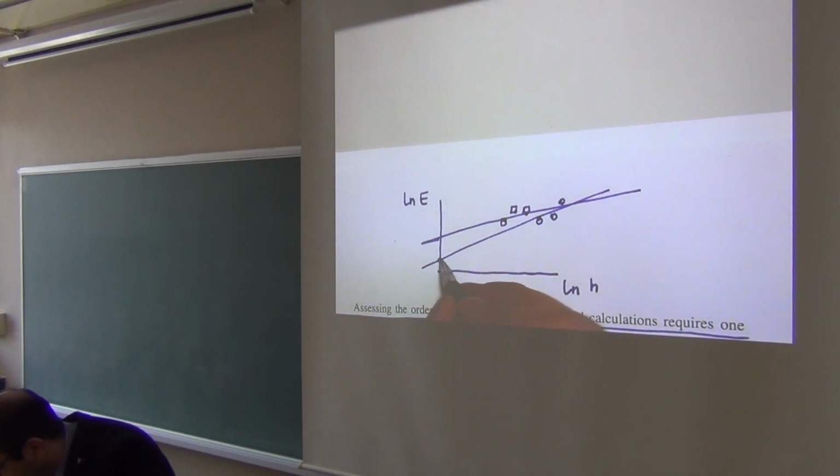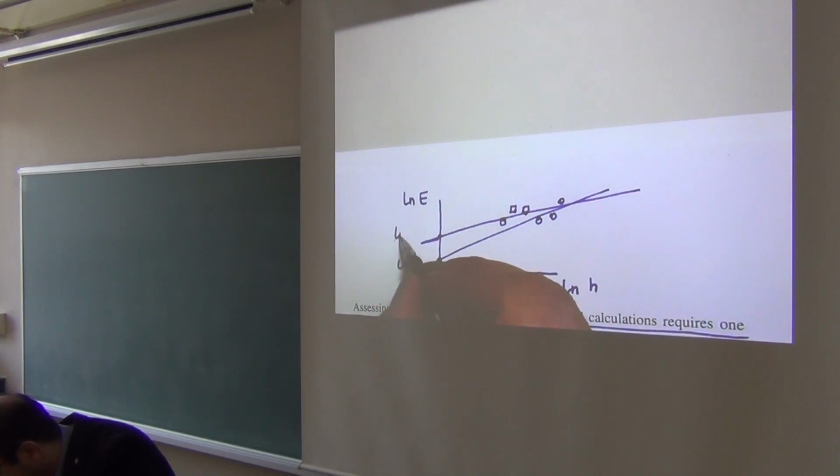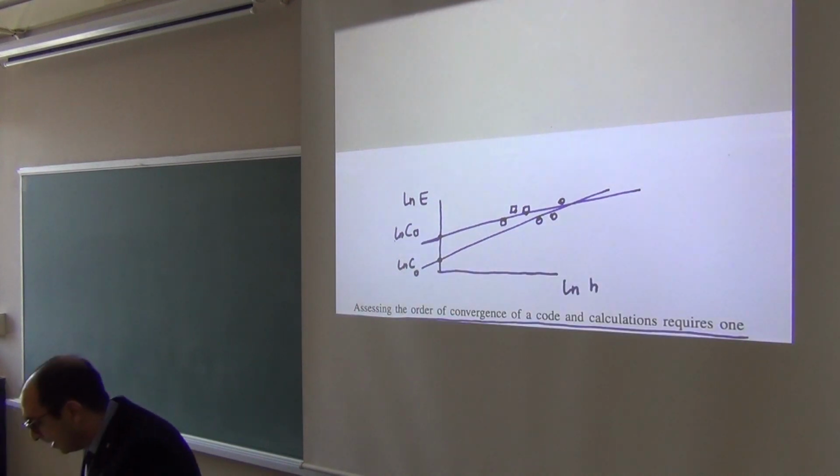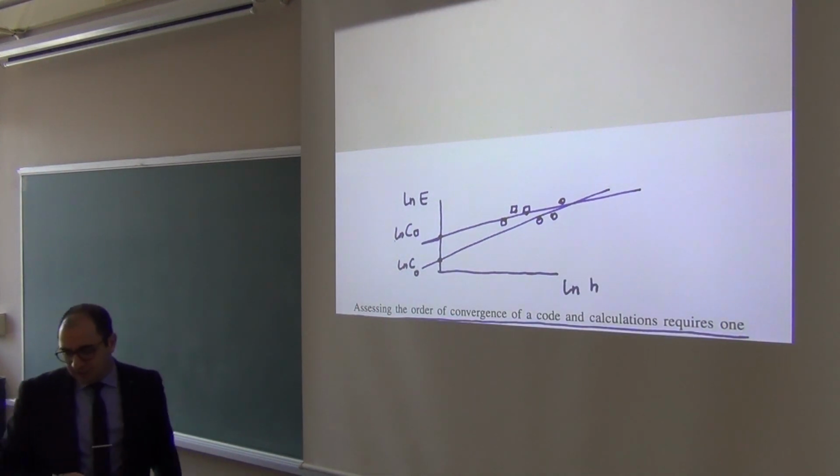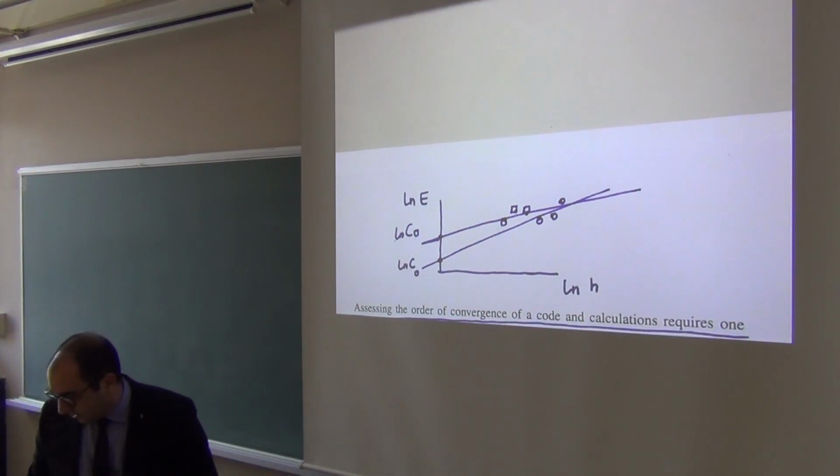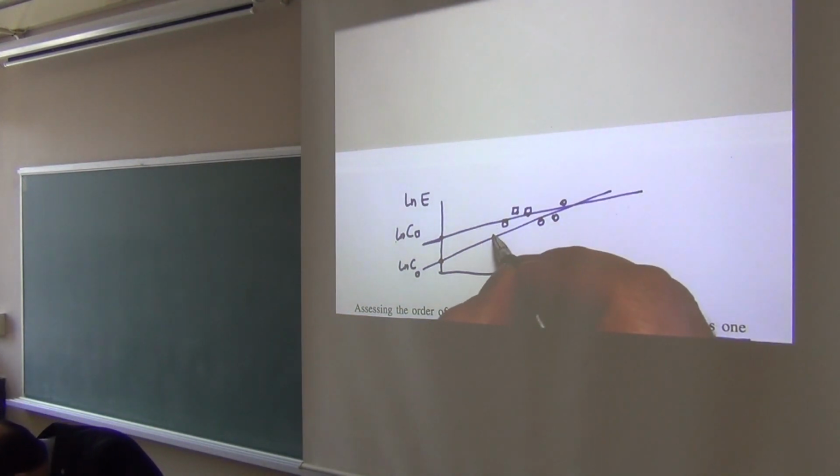You see what I'm saying? I get, let's say, ln of C triangle, ln of C rectangle. But C will be constant if I refine this enough.